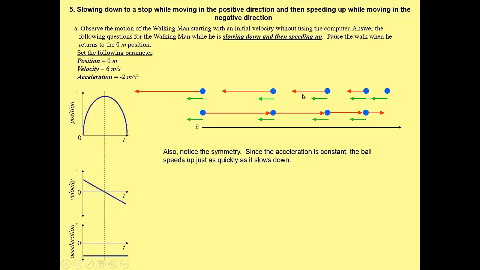With me? On the way back, he speeds up just as quickly as he slows down on the way there. That means that your dots on the way back should be at the exact same positions as your dots were on the way out. Everything is nice and symmetric. So you can draw a vertical line through these dots in each case.